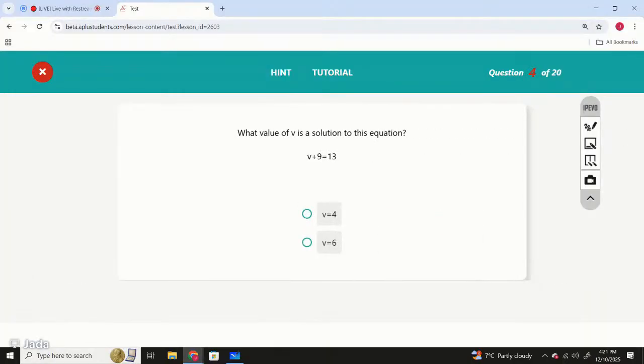What value of V is the solution to this equation? V plus 9 equals 13.